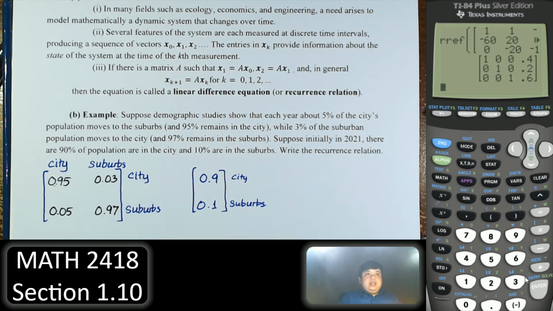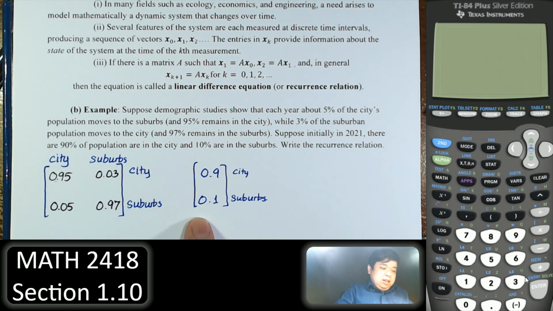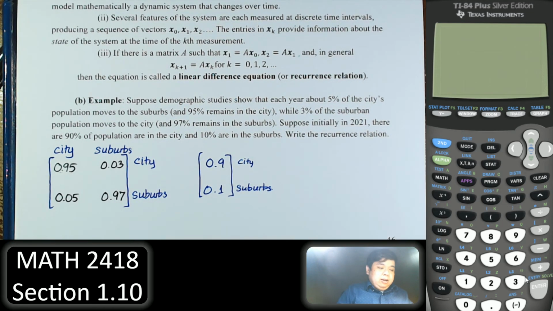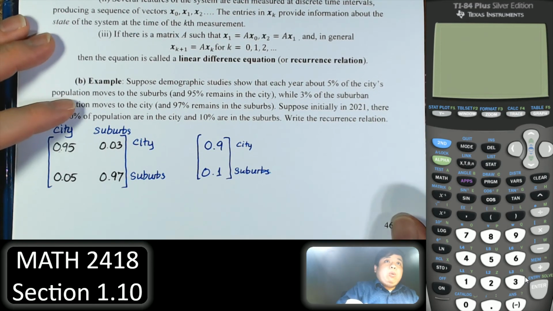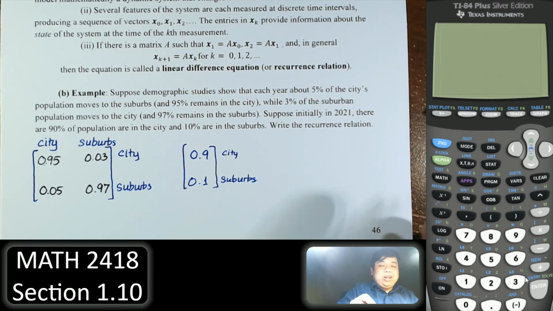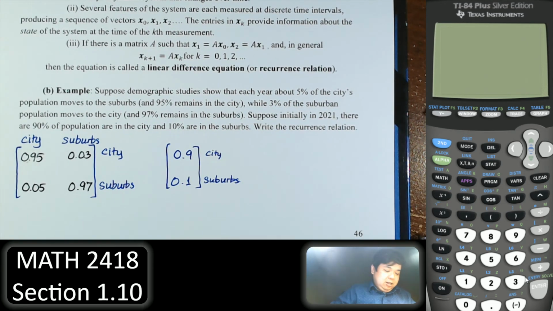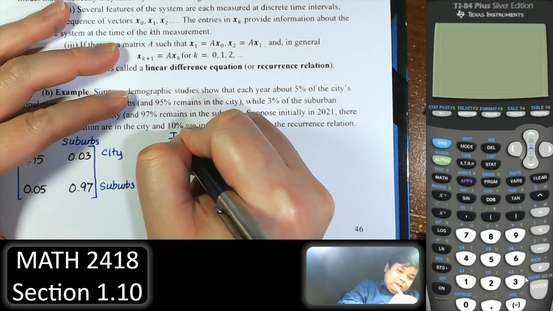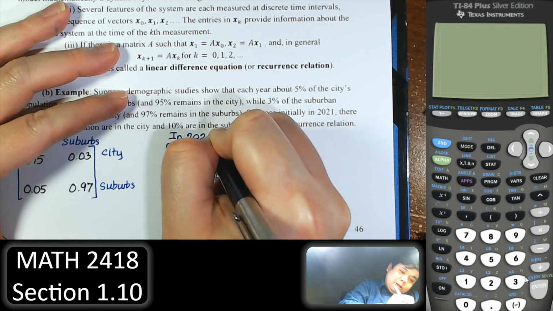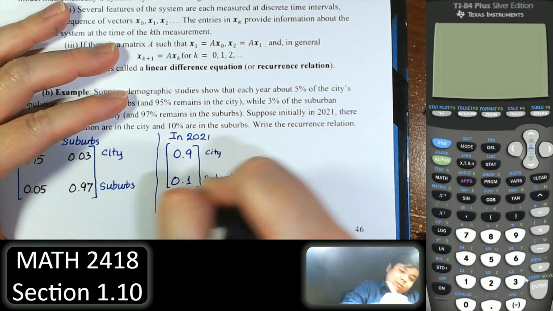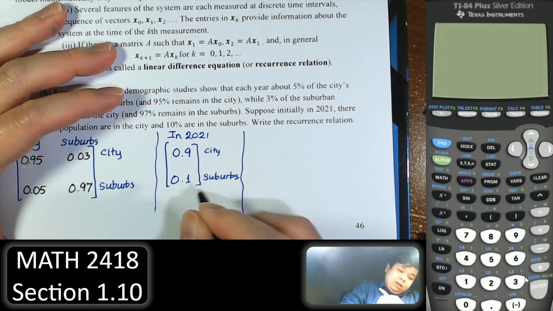Right, so this is in 2021. Now, of course, the way we set this up, 2021 is this. So in that case, when we set up this equation, let's say in 2022, how do we do 2022? So this is in 2021. That is what we have.